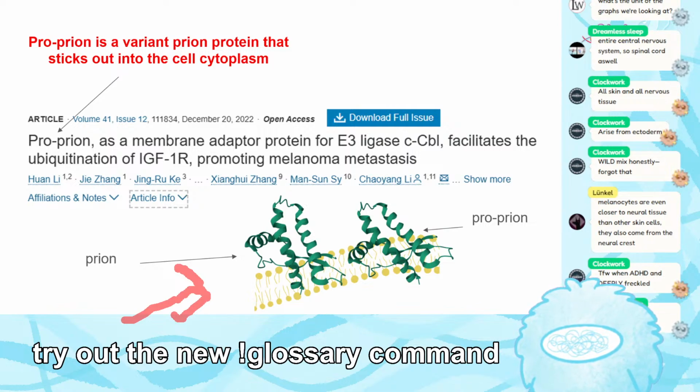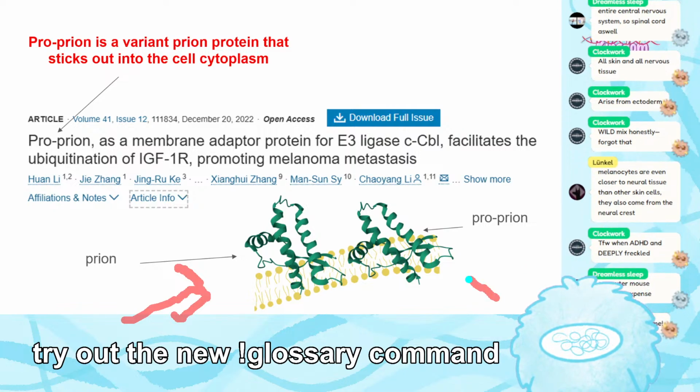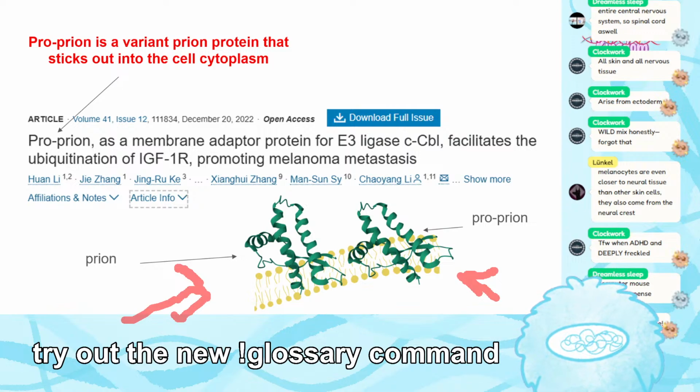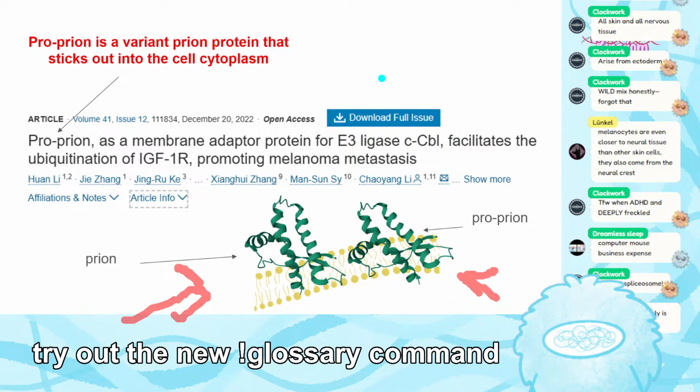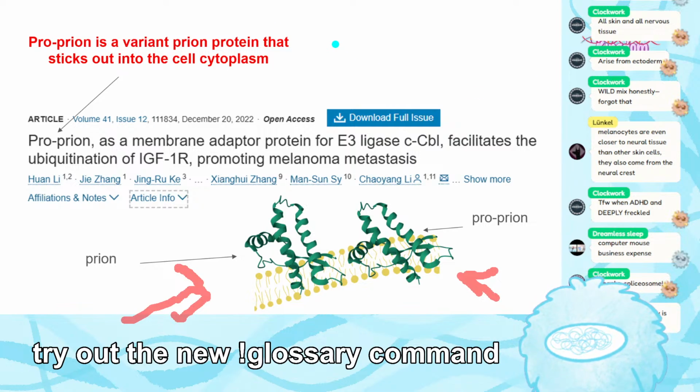It is a biological possibility that this protein is made. And this specific isoform is one that sticks out very slightly into the cell cytoplasm. And we're going to see how this sticking out into the cell cytoplasm is going to affect its ability to, let's say, regulate skin cancer.